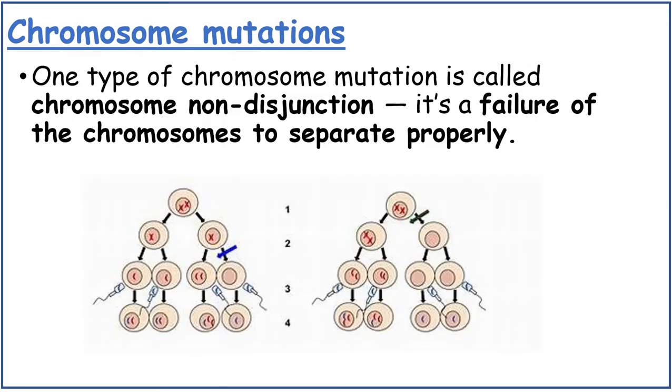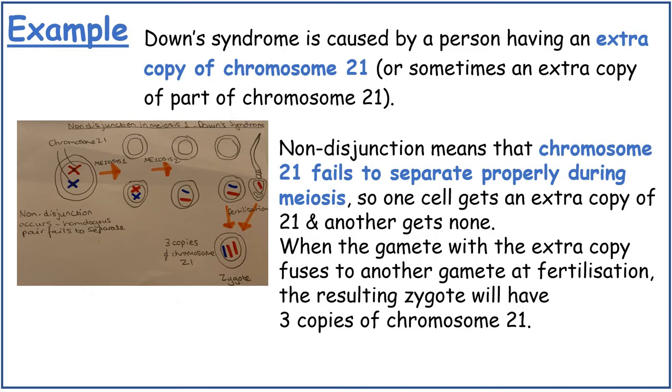One type of chromosome mutation is called chromosome non-disjunction. It's a failure of the chromosomes to separate properly. So Down syndrome is caused by a person having an extra copy of chromosome 21, or sometimes just an extra copy of part of chromosome 21.